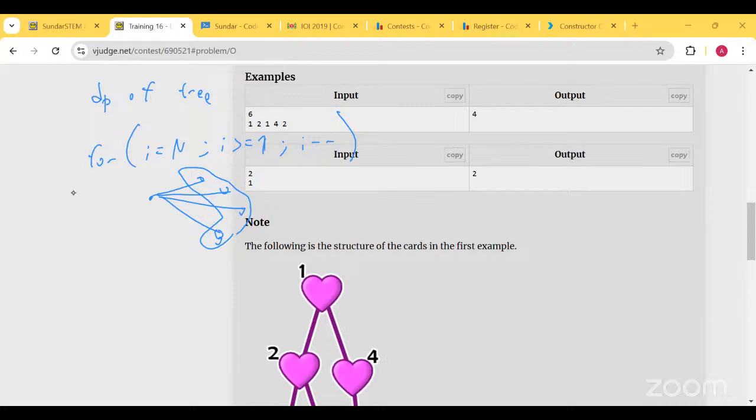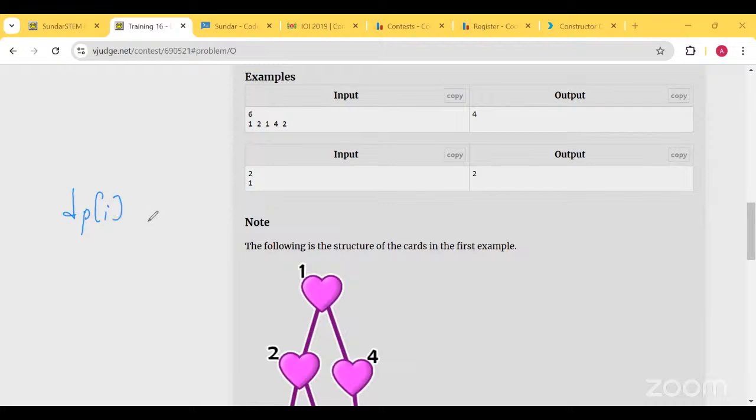The value of dp is equal to the maximum between two cases. The first case is when i is taken, so we create a chain starting from i. The result is only the height of i.